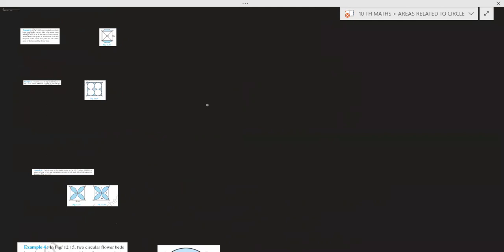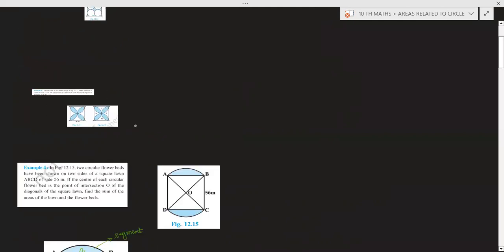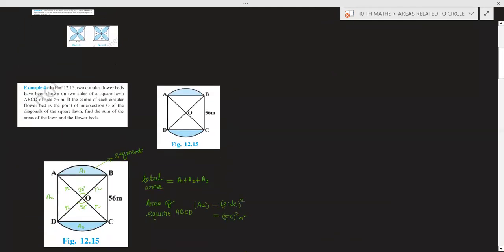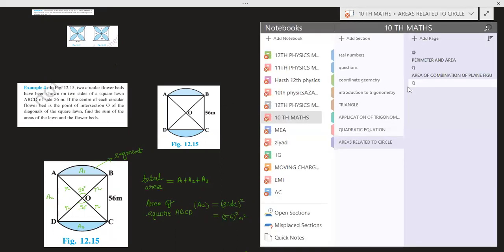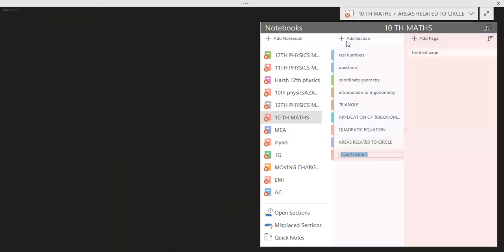For solving any type of question, you have to apply the basic concept that I told you. Then you can solve each and every question of the exercise. Now we will start the next chapter, surface area and volume.